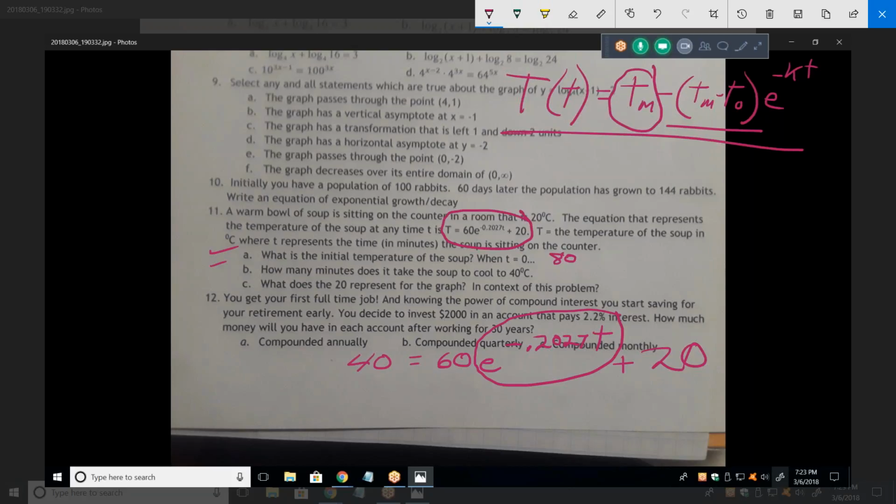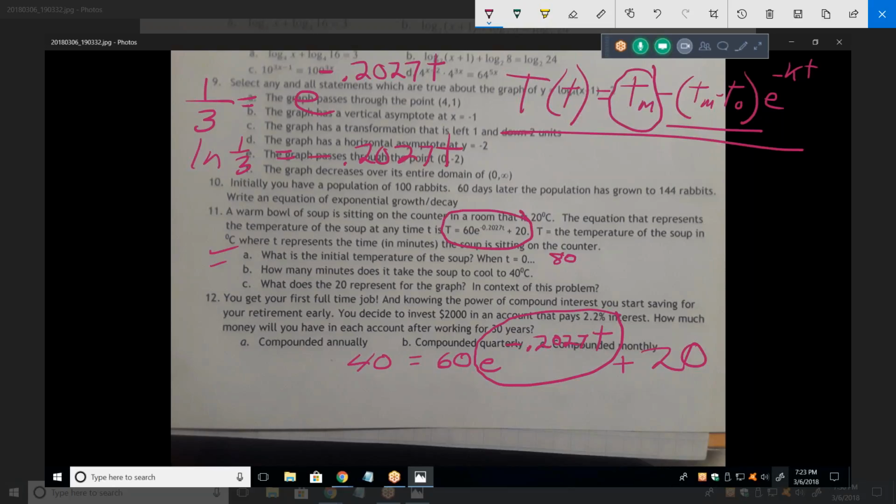Divide by 60. So that is 1/3 on the left side of the equation, and e to the negative 0.2027t. Now what? Natural log. So now we have the natural log of 1/3 equals negative 0.2027t.